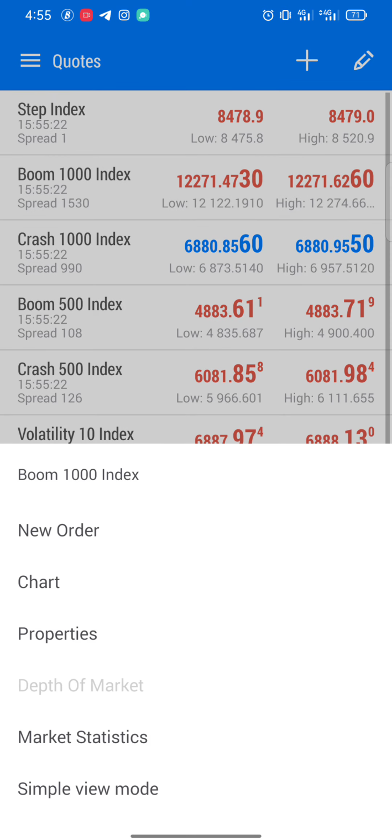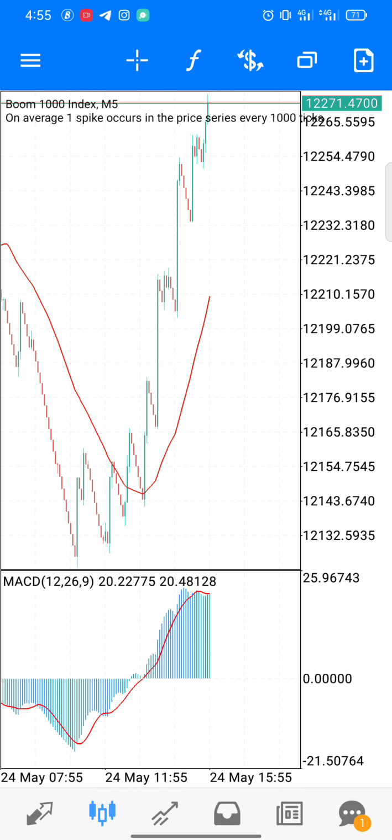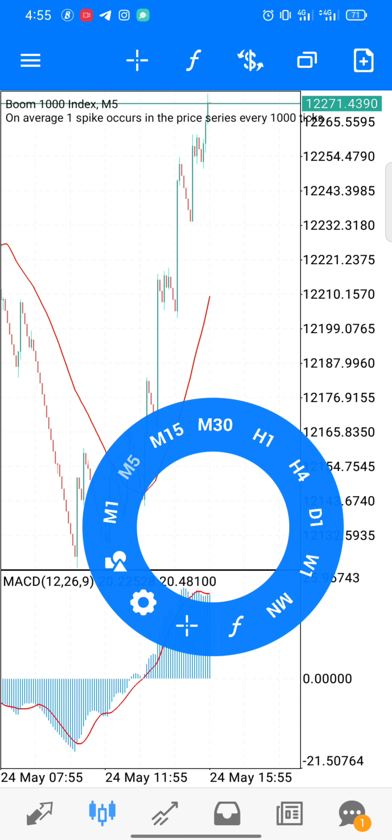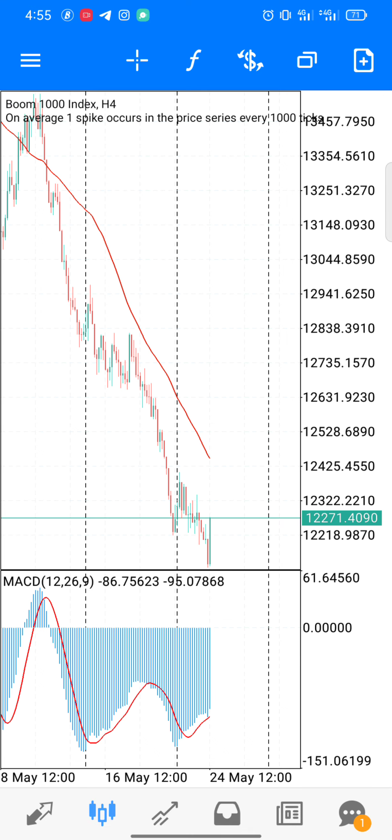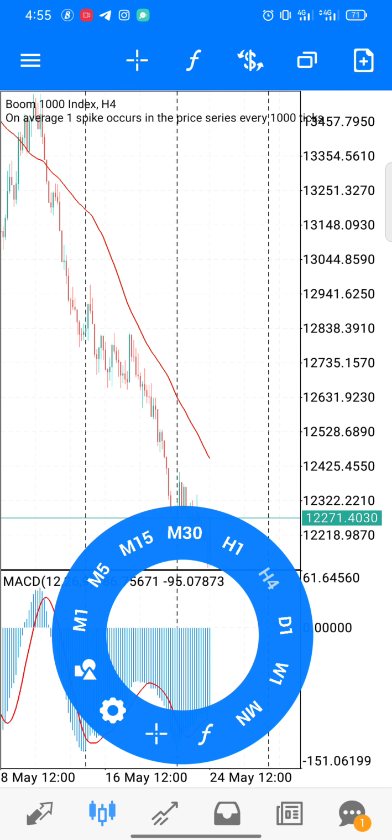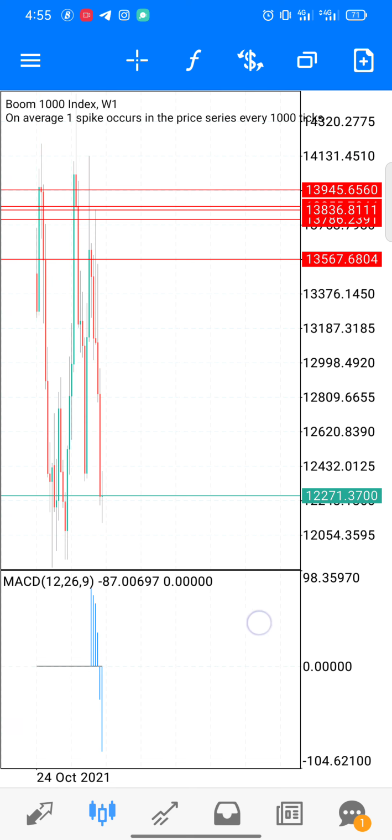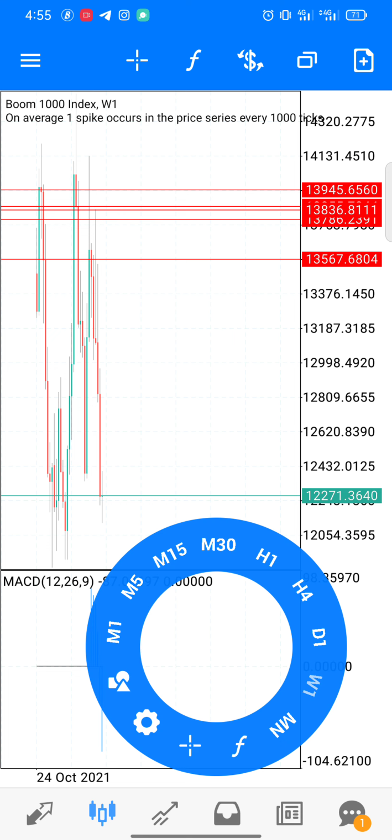So right away we go to Boom 1000 index. I'll start again from the 1 hour time frame, and if I check it from the daily time frame, I can see points where price actually reacted. You can see right there the price came all the way down and is getting to the support level, which the price actually rejected.